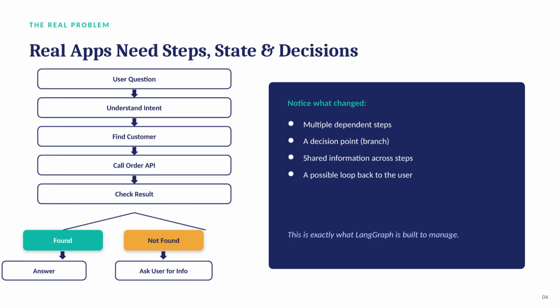And if the order can't be found, maybe ask the user for more details, or if the issue is complex, hand it off to a human agent. Now we've got multiple steps, and each one depends on what happened in the step before it. That's where things start to get interesting, because we need a way to manage these steps, decisions, state, loops, tools, and interactions. And that's exactly where LangGraph comes in.